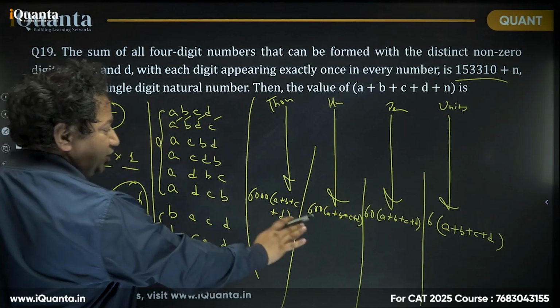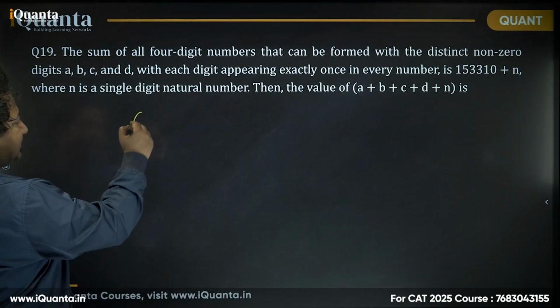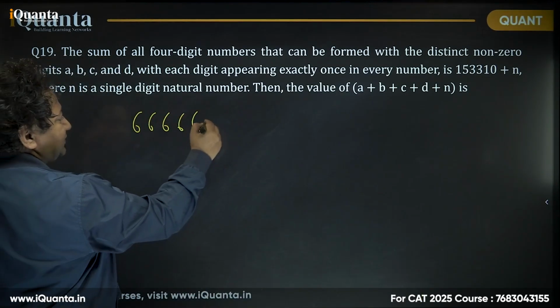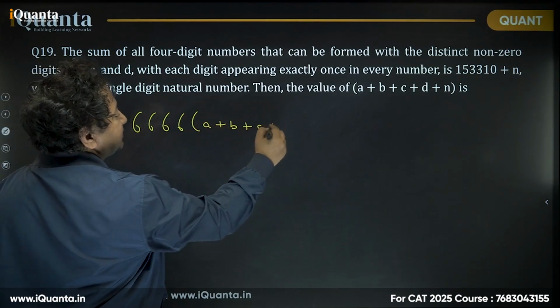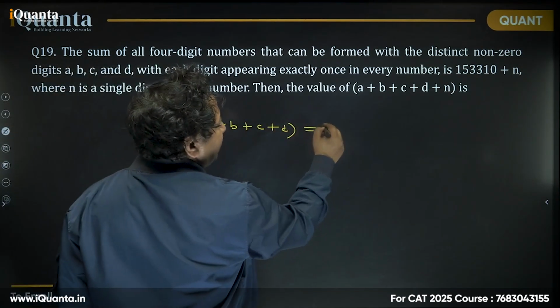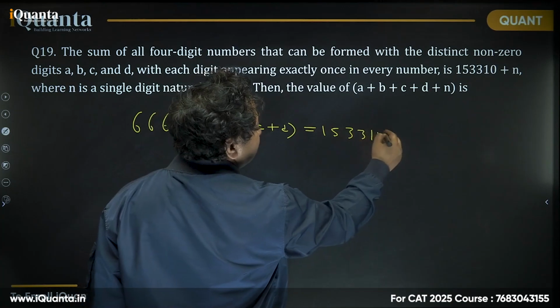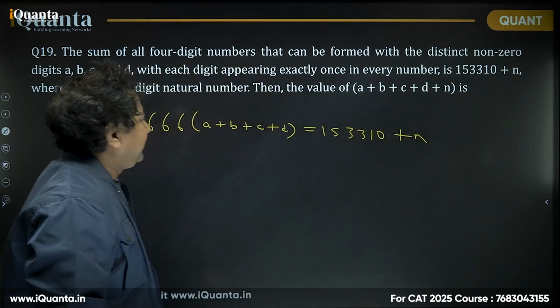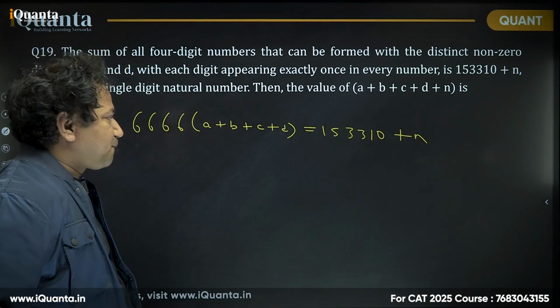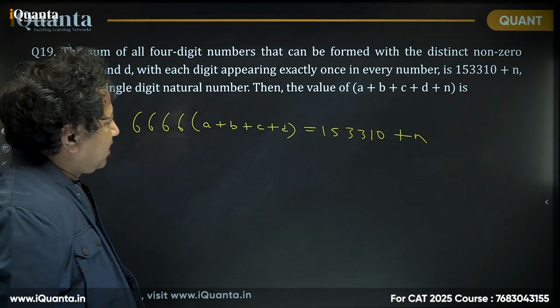Let's write that down. If I add all of it, I'll get 6666 times A plus B plus C plus D, which is equal to 153310 plus n. Nice.